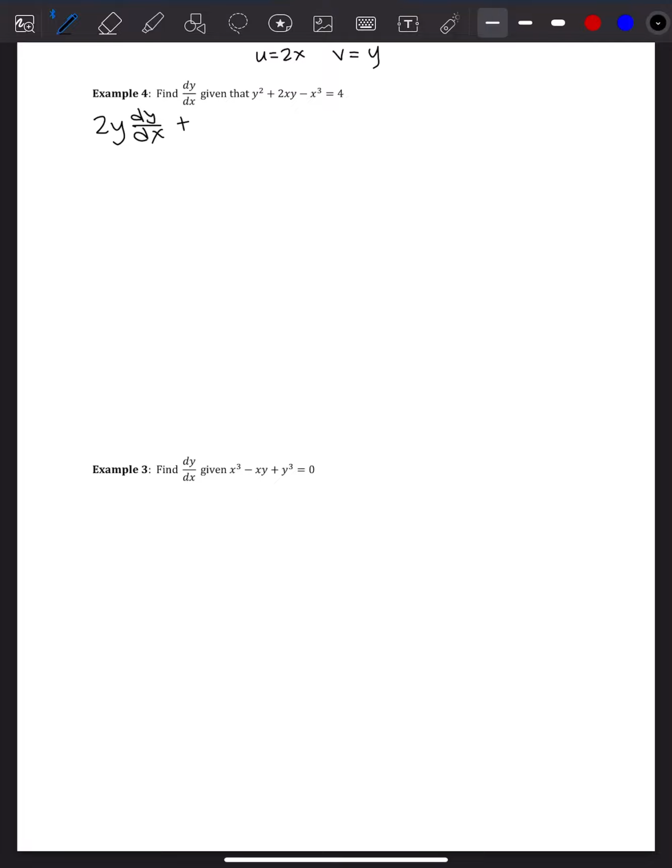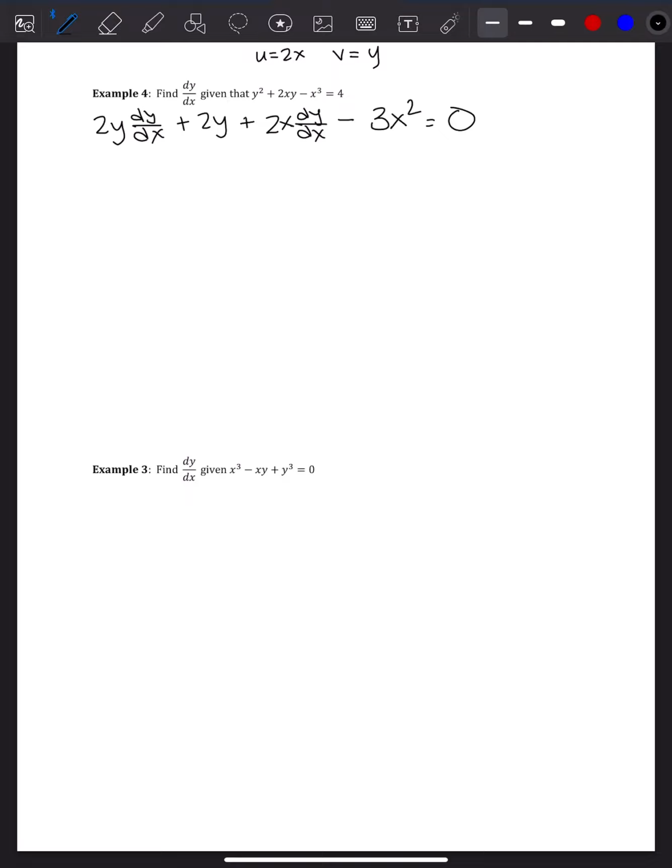So the derivative of 2x is 2 times y, plus the derivative of y times 2x, so 2x dy over dx, minus the derivative of x cubed, and it's equal to the derivative of 4, which is 0.